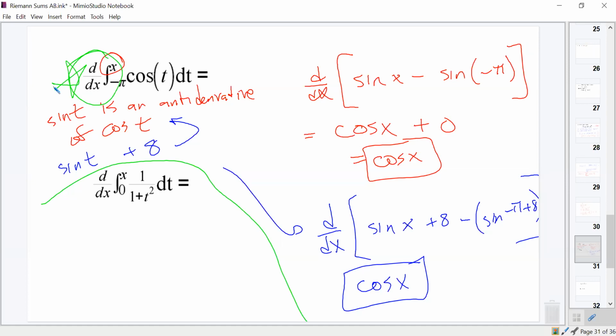To be perfectly honest, I wouldn't spend as much time as I am on this if it didn't always show up on the AP test, because it's not something that's super functional for you to use in any real problems that we'll do. The AP test is going to ask about it, so we have to do it.